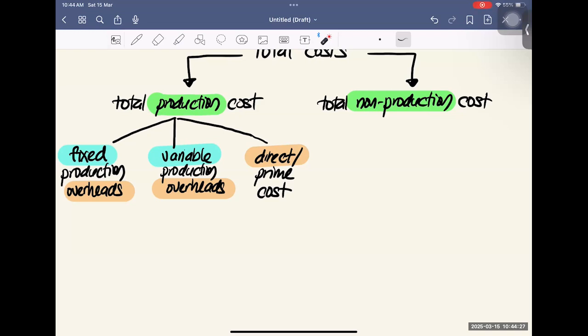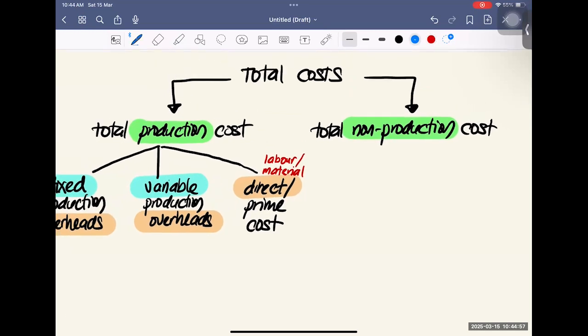Next, third category, how do I differentiate between direct and indirect? Direct refers to things that directly relate to the production. For example, your labor, the one that is making the product, or the materials you use to make the product. So they are production related and they are related directly to the product.